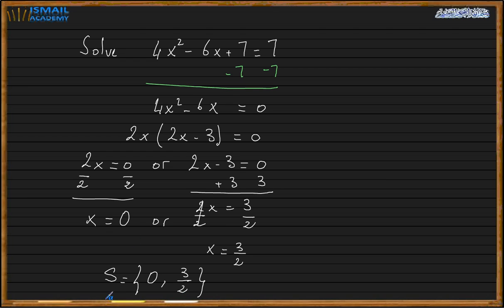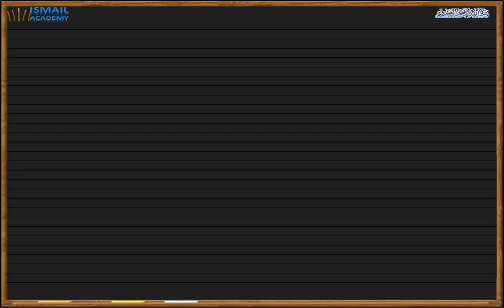For the second case, when c is not 0. So for case 2, if b is not 0 and c is not 0, in that case we are going to solve ax squared plus bx plus c equals 0.